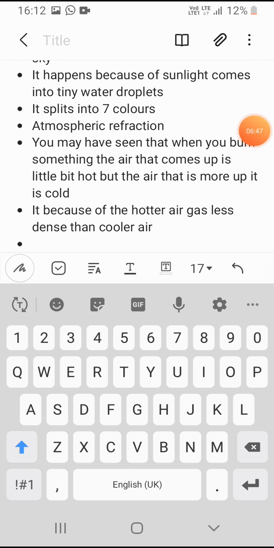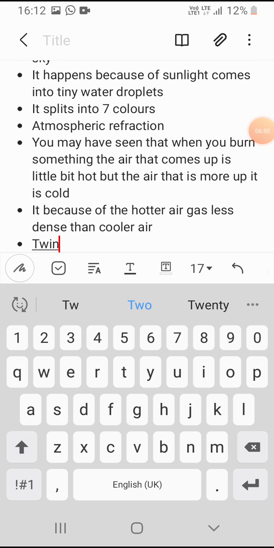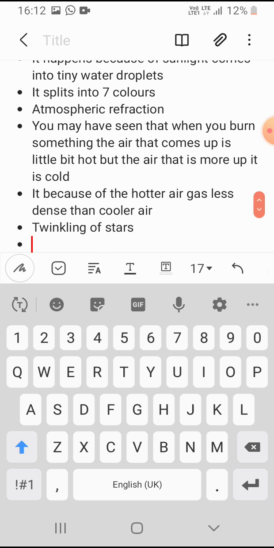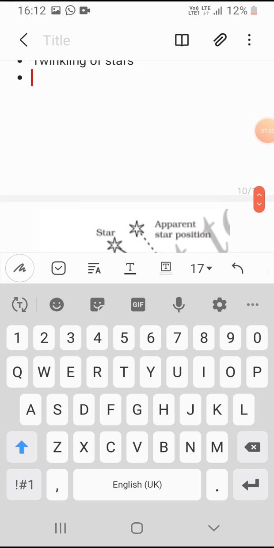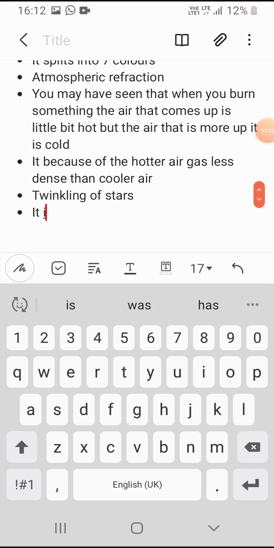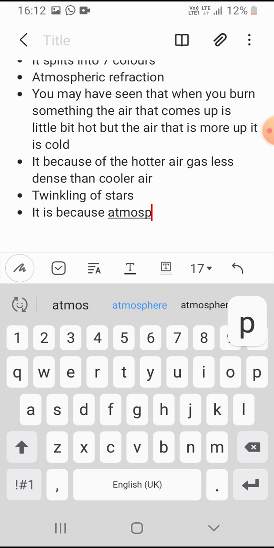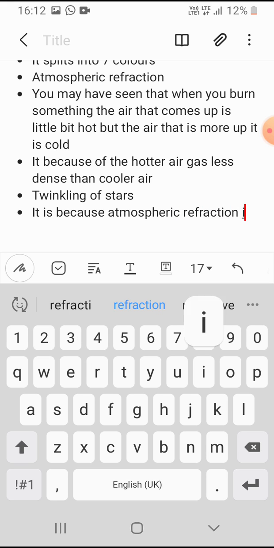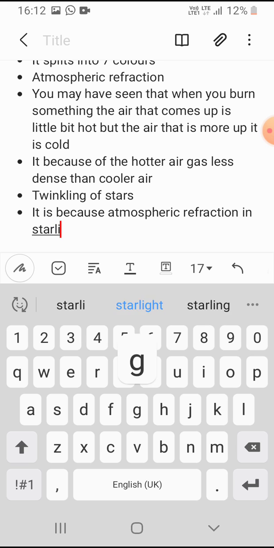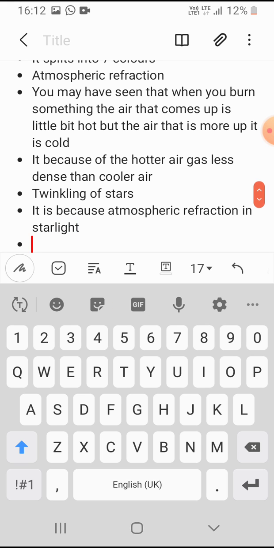Next, let's learn about the twinkling of stars. Why do you think the stars are twinkling? See here, you can see in this image that the stars are twinkling. It is because of atmospheric refraction of starlight.